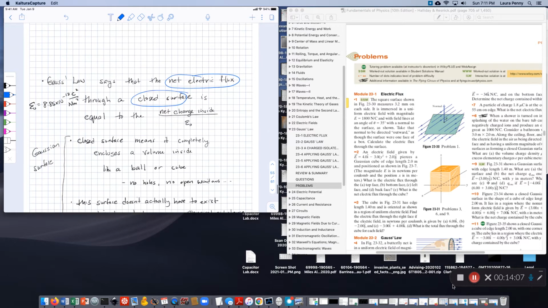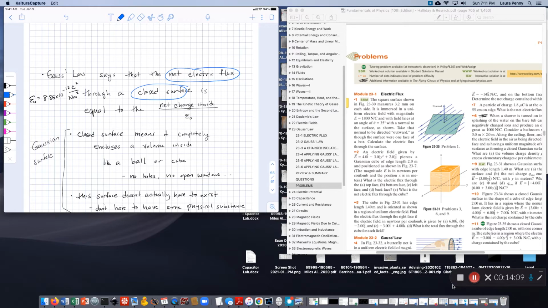But you could have a closed surface, which means that you'd have some volume which is inside, which is separated from the volume which is outside. Like say we had a ball or a cube, and there's no holes, there's no windows, there's no open spaces. So we have an inside volume and we have an outside space. And so a closed surface means that it completely encloses a volume inside.